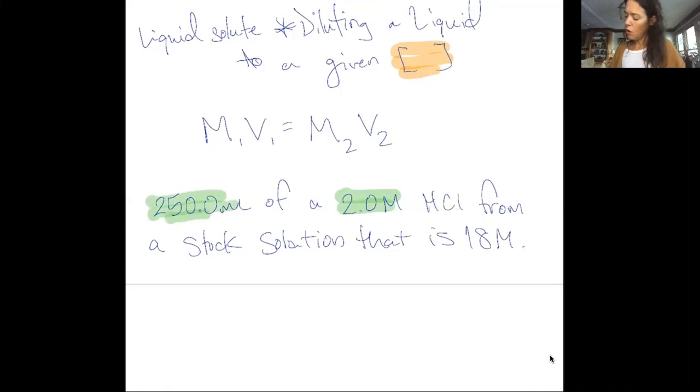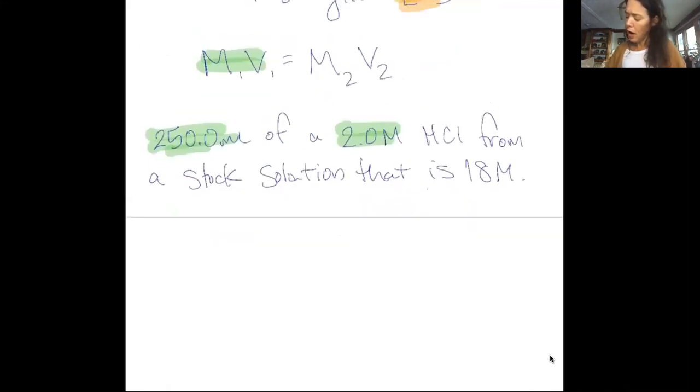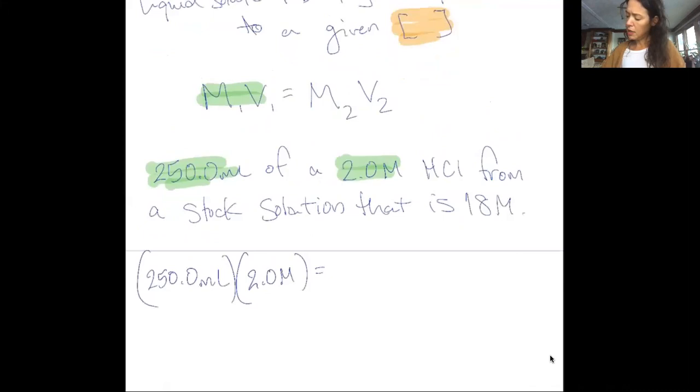So I'll plug those into my M1V1, right? Now I can keep this as milliliters if I want to. I do not need to convert it. Notice that I'm going to get this from an 18 molar solution, so I'll plug that in for this, okay? So all that means is when I solve for my volume, it will be in milliliters because this is in milliliters.